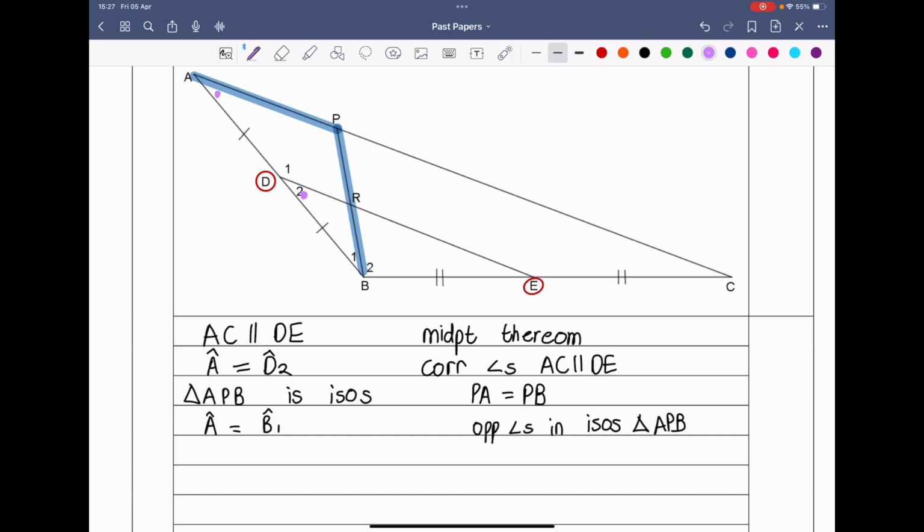Alright, so B1 is now equal to angle A, and now I can see that if angle A was equal to angle D2, and if angle A was equal to angle B1, then angle D2 is equal to angle B1, and I have my isosceles triangle DBR.